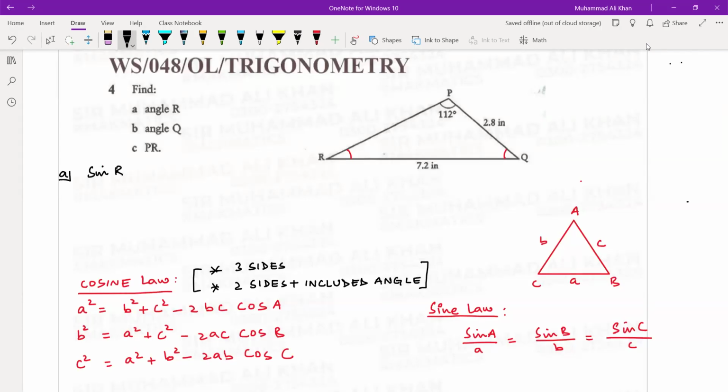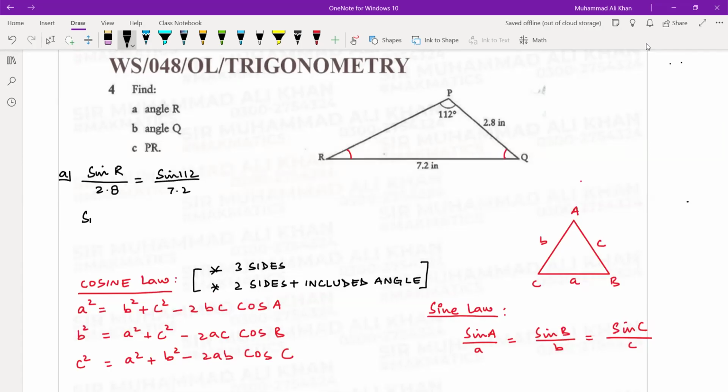sin R divided by 2.8, sin R divided by 2.8 equals sin 112 divided by the opposite side, which is 7.2.